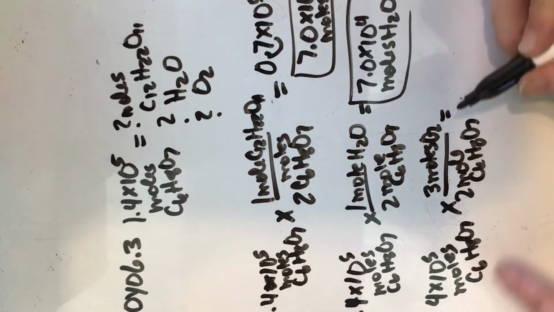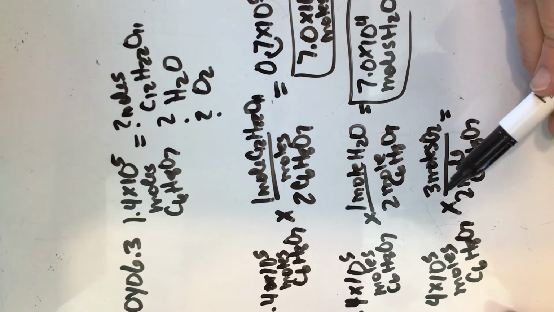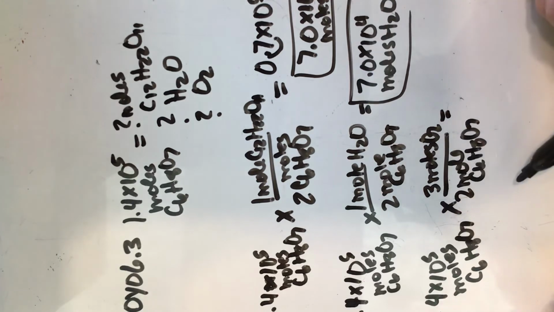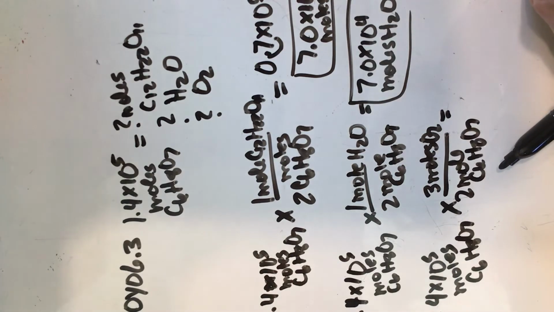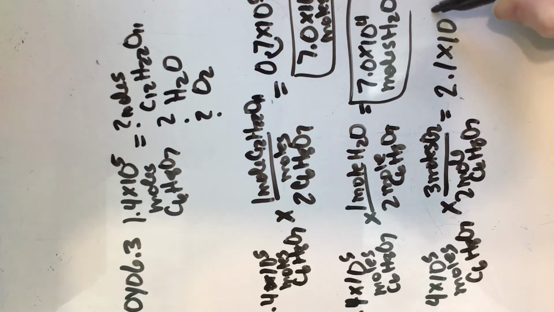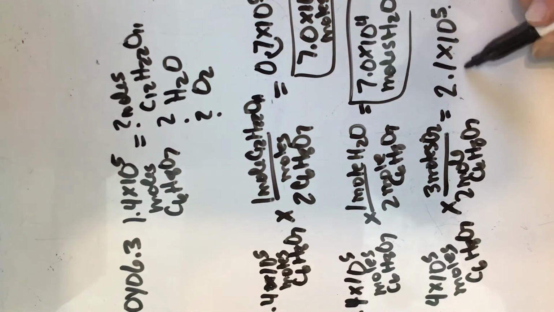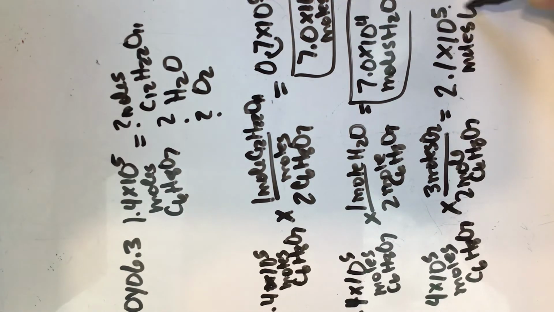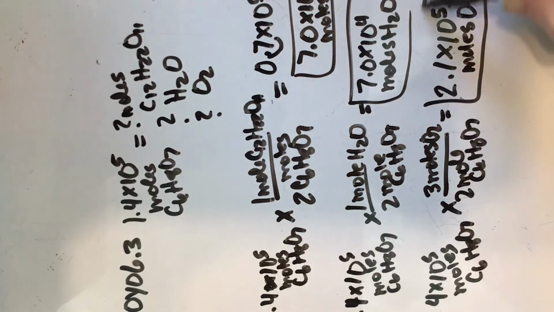And so we'll take that 1.4 times 3 divided by 2. And the answer ends up being 2.1 times 10 to the 5th moles of O2. And that is on your own 6-3.